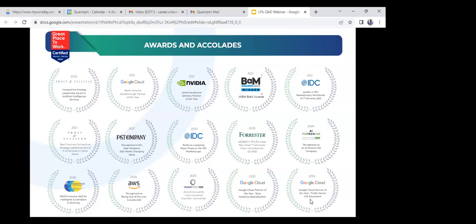So that's 4 years in a row, and AWS 3 in a row, NVIDIA 2 in a row, and the other things just come along. We are one of the top fast growing companies, and we are one of the very top companies in fintech also, right? If I have to talk, I'll keep on talking about these awards, but yeah, let's move to the next.